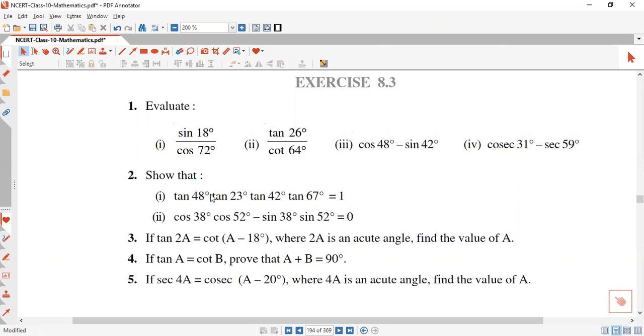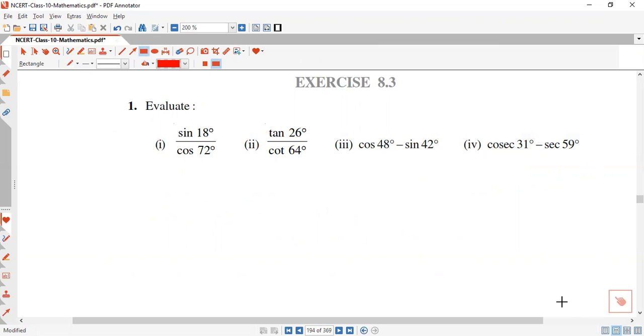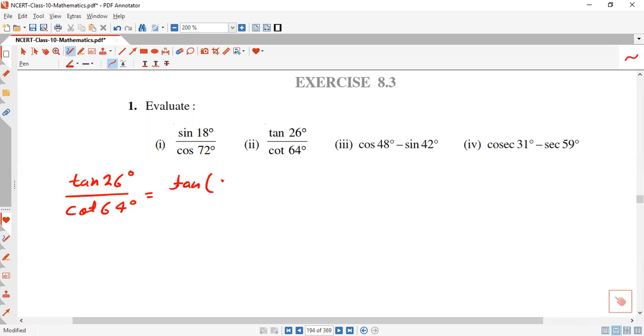Now, part 2. We see here tan 26 degree, cot 64 degree. The question is tan 26 degree divided by cot 64 degree. Tan 26 degree can be written as tan of 90 degree minus 64 degree, divided by cot 64 degree.